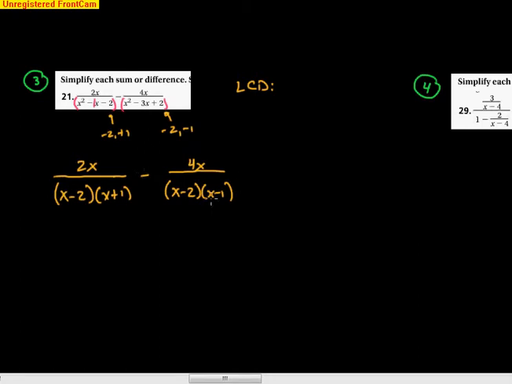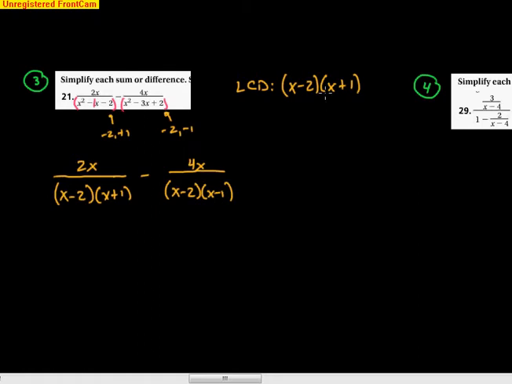Okay, and now what we're going to do is look at our denominators and get a common denominator. So to get that, we look at the first denominator and write it down. (x minus 2)(x plus 1). And then I look at the second denominator and ask, is x minus 2 already there, or is it new? This x minus 2 is already there, so don't write it down.